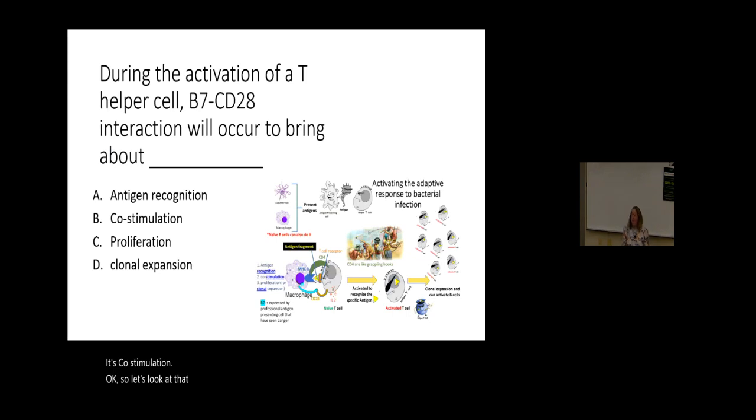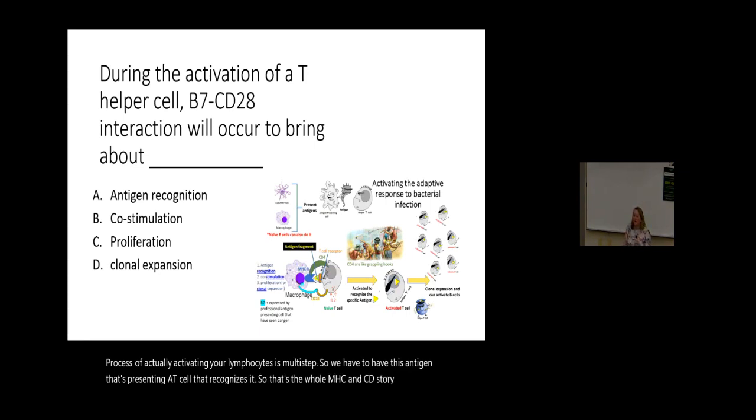Okay, so let's look at that. Here on this slide, we can see that the process of activating your lymphocytes is multi-step. So we have to have this antigen that's presenting, a T cell that recognizes it, so that's the whole MHC and CD story, depending on if it's an intracellular pathogen or a presenting cell.